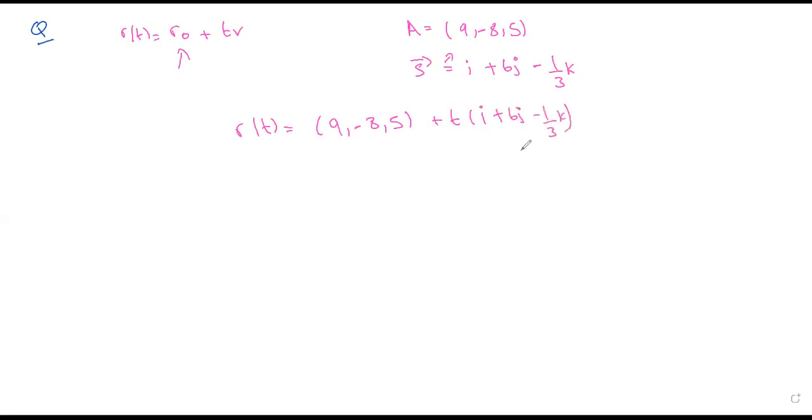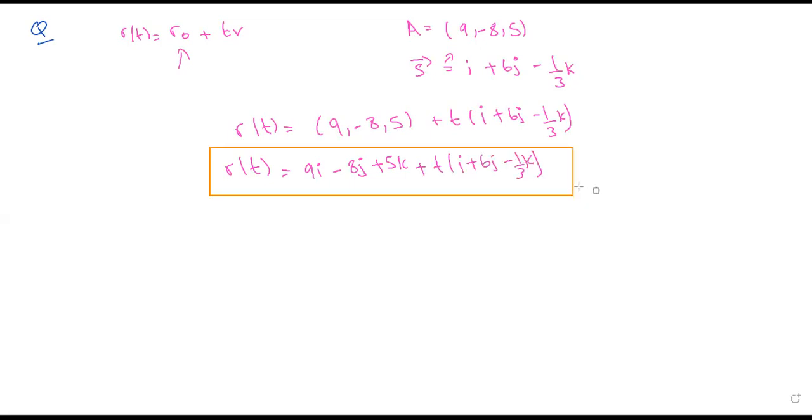Okay, so did you understand this? Also, you could have written it this way as well: 9i minus 8j plus 5k plus t into i plus 6j minus 1 by 3k. And this is the form of the vector equation of the straight line which you will see that the examiner basically prefers. Okay. So did you understand this completely?